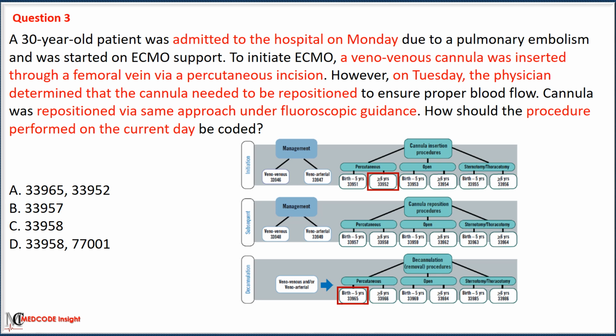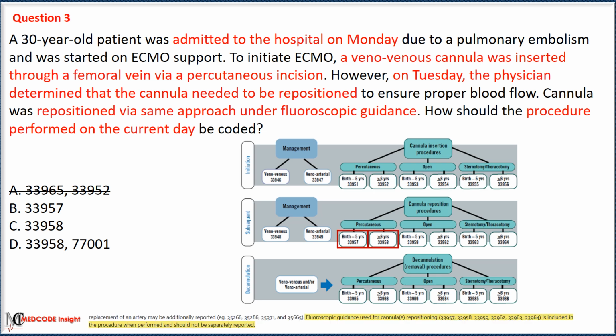We first eliminate option A having removal and insertion codes. All remaining options have a code used for repositioning of the cannula. Since the procedure was performed on a 30-year-old patient, we will eliminate option B with the code used for repositioning of the cannula for patients from birth through 5 years of age.